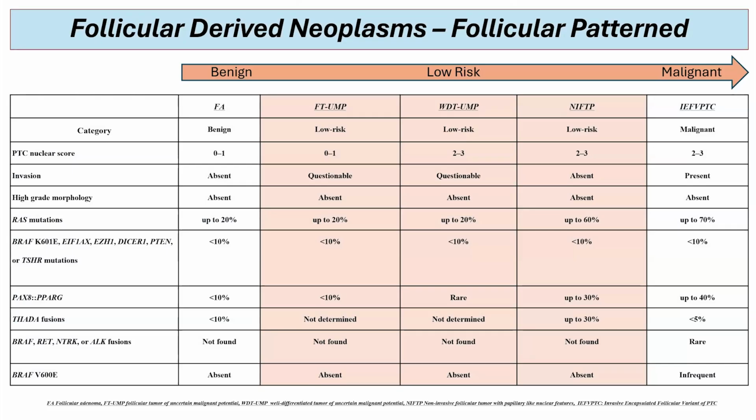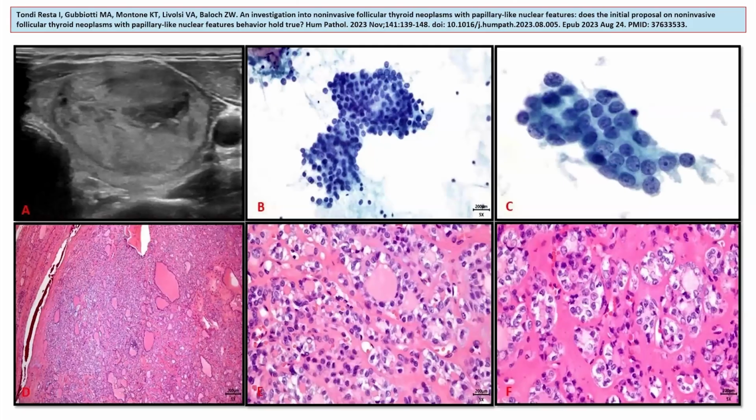And this has been beautifully shown: that this spectrum of low-risk to high-risk tumors for these follicular pattern neoplasms really matches with the molecular profile. So I think this is a great marriage of molecular pathology as well as what we see on pathology.